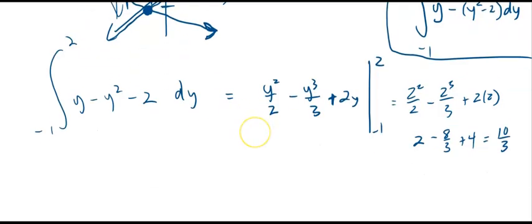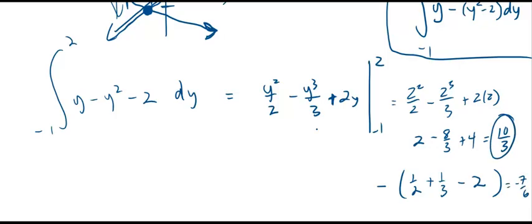Okay, minus the lower bound, plug in -1, -1 squared over 2, minus -1 cubed over 3, so that's -1/3, so I'm going to do plus 1/3, minus 2, and that should all be 1/3 plus 1/2 minus 2, which should be -7/6.